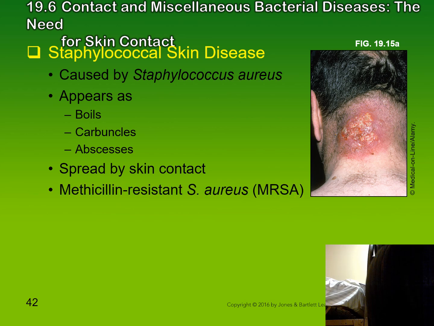One of the most abundant forms is MRSA, or methicillin-resistant Staphylococcus aureus. I know some people just like saying MRSA. I actually like to say what the MRSA stands for, methicillin-resistant Staphylococcus aureus.